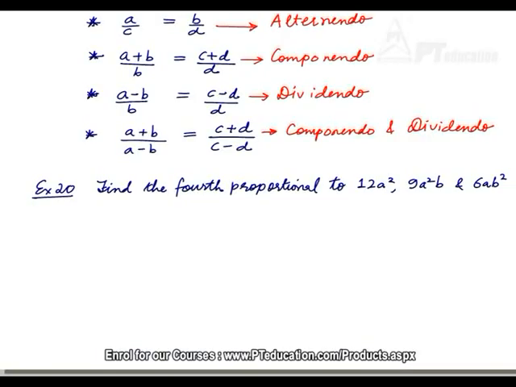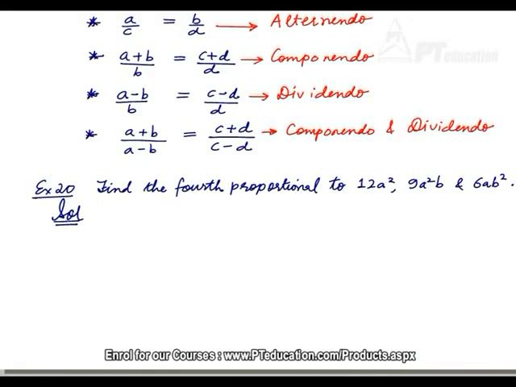Let us take up two examples now. Example 20. Find the fourth proportional to 12a square, 9a square b and 6ab square. So here is the solution to example 20. Let us say that x is the fourth proportional.